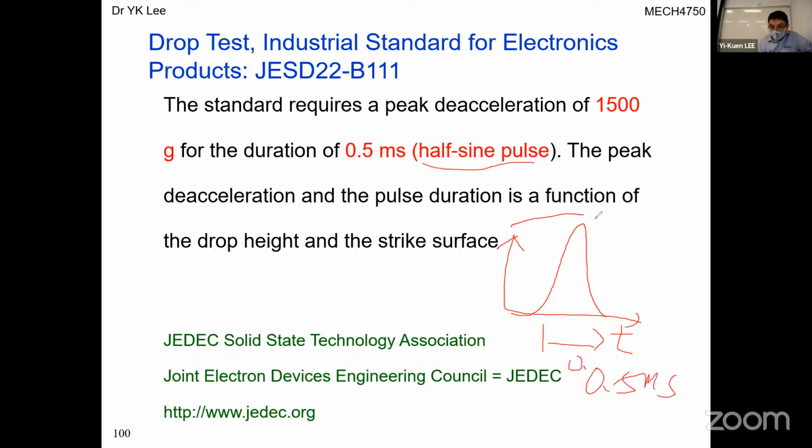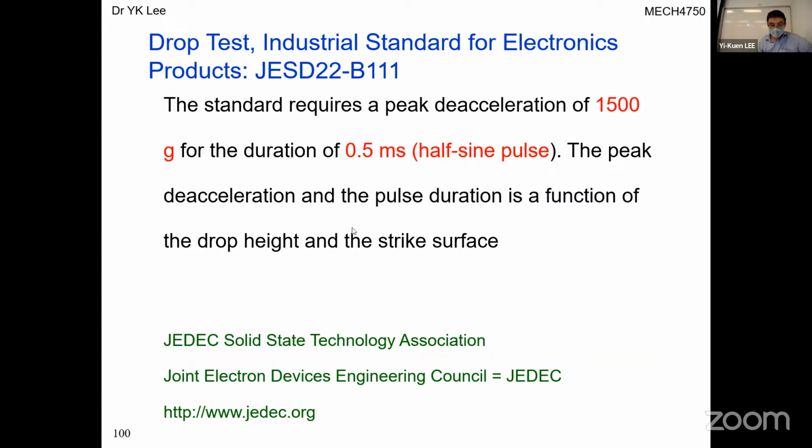And then how big is the amplitude? This is 1500 G. So this is required if you design an electronic product, for example a smartphone or consumer electronics. Most of these products require you to do this JEDEC standard. Okay.